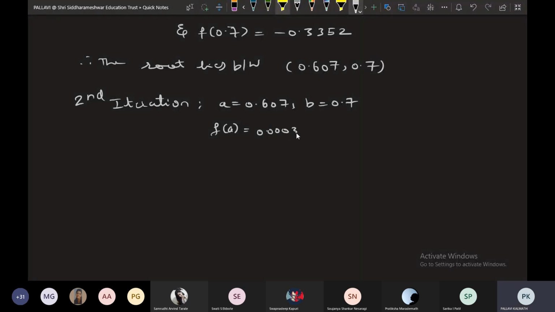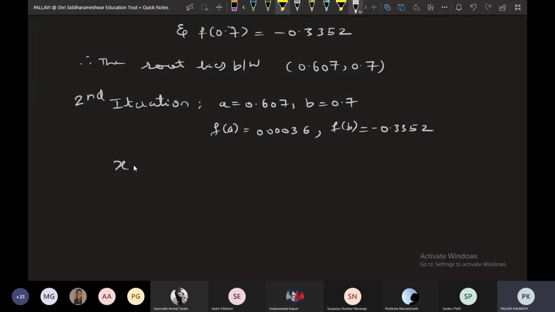It is 0.00036. And what is f of B you had obtained? f of B is negative, minus 0.3352.